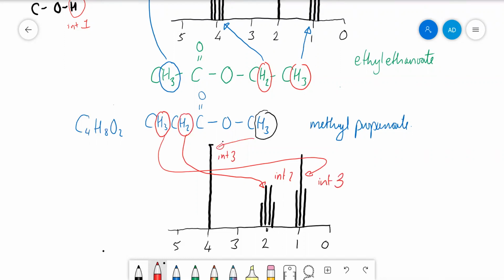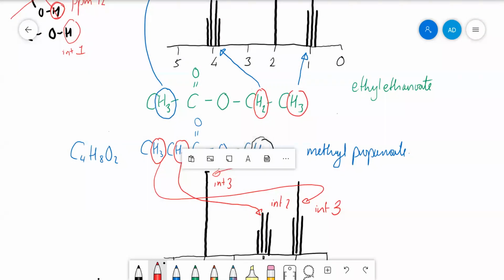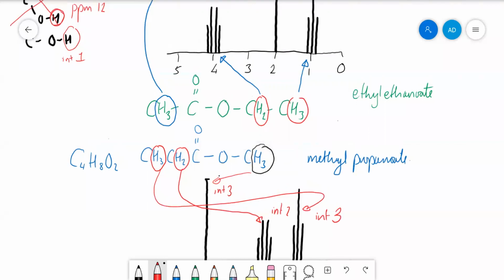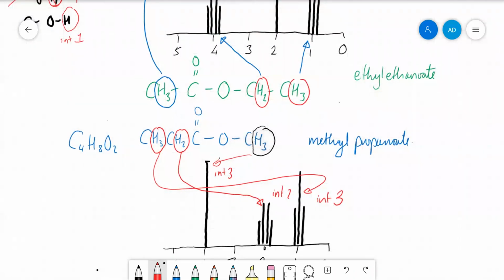So quite a similar spectrum to the other one. The only difference is if you look, the quartet on this one is about 2 because it's next door to the carbonyl, whereas the quartet on the other one is about 4 because it's next door to the oxygen. Okay.